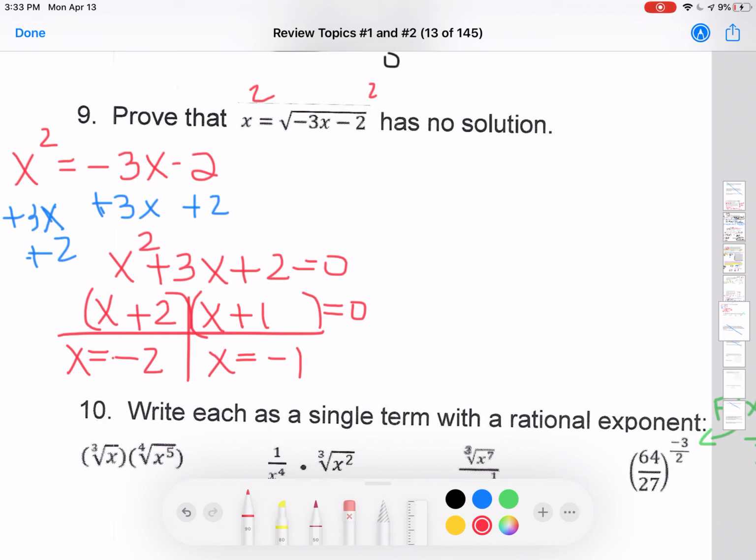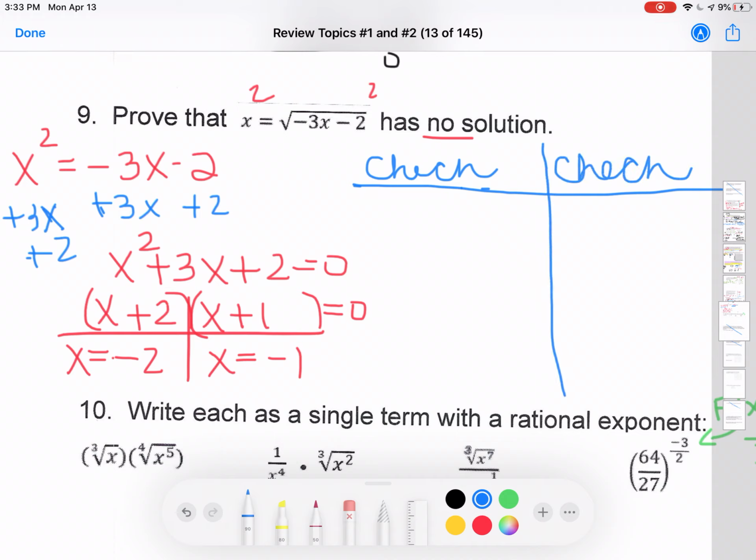Okay, so we're proving that it has no solution. That means if I do my checks, both of those checks should fail. So let's plug in the first one, negative 2, back into the original.